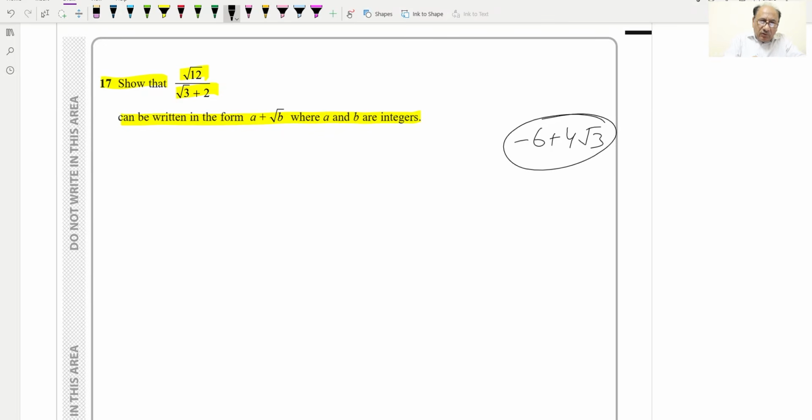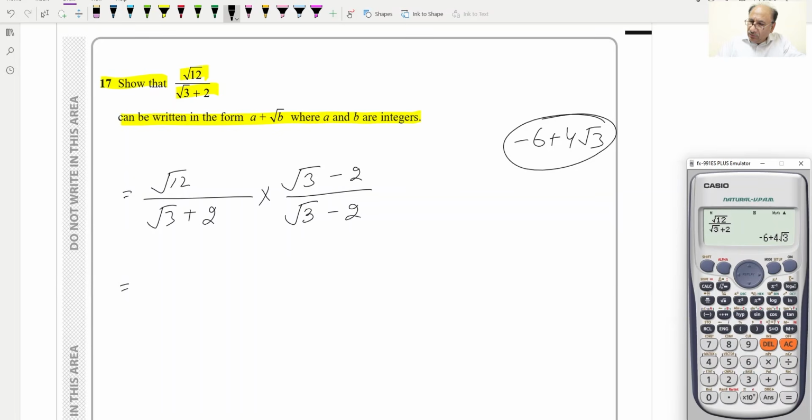Now how will we solve this? We can write this as root 12 over root 3 plus 2, and we will rationalize. We write the opposite sign in numerator and denominator and multiply. We take root 12 times (root 3 minus 2), and this will be equal to 6 minus 4 root 3.